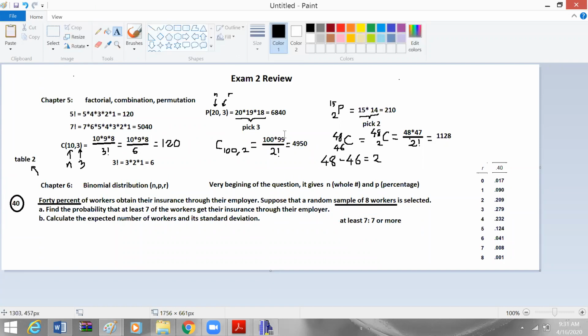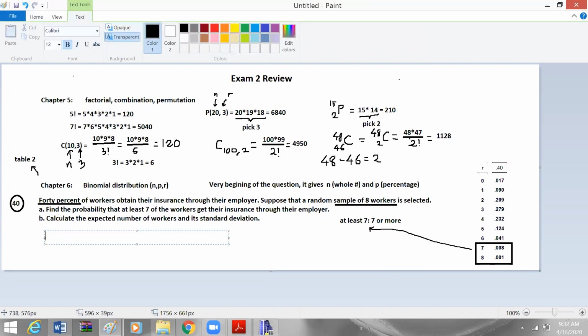So you can literally check that the two things that we need to box will be these two probabilities, correct? So that will be corresponding to the question that we're looking for. Do we agree? So the first part A of the question, we want to figure out, hey, what is the probability of at least 7?